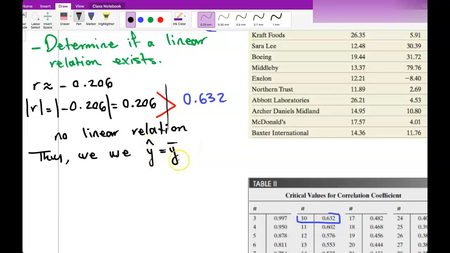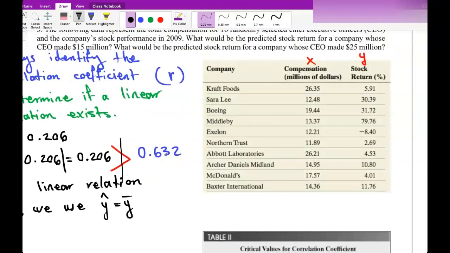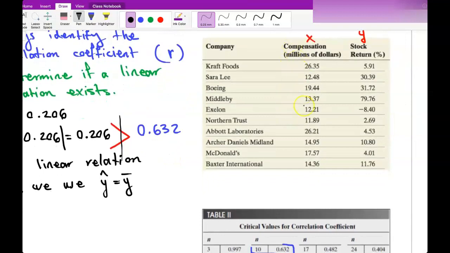And the next step, we should find what that y bar is. So here we have our x's, X bar. Here we need Y bar. We already have our data in the calculator, so stat, edit, you entered all this data.